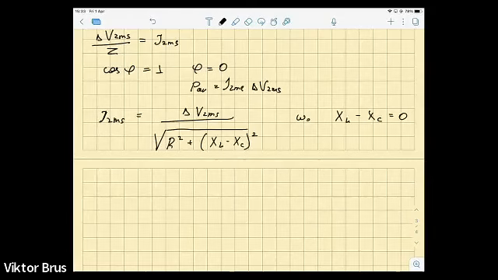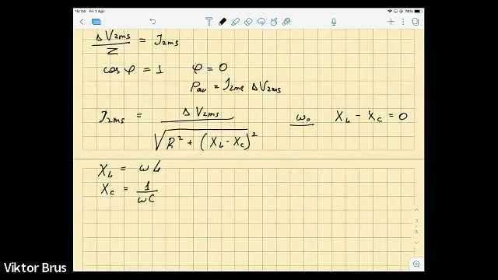So why not change this frequency in a different way. We remember from previous discussion that XL is equal to omega times L, and XC is equal to 1 over omega C.